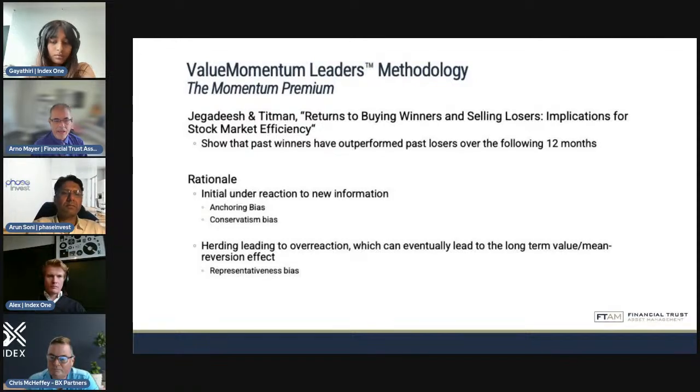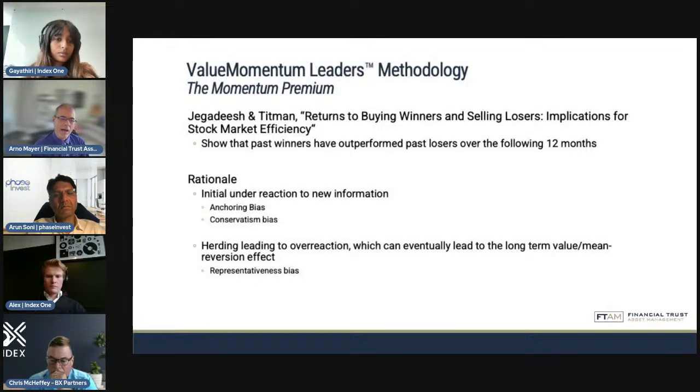One might be initial underreaction to new news. Some new catalyst comes out and maybe the stock comes up somewhat, but people have an anchoring bias based on how they have viewed the company in the past, as well as conservatism bias. They don't think the new information might be lasting into the future.